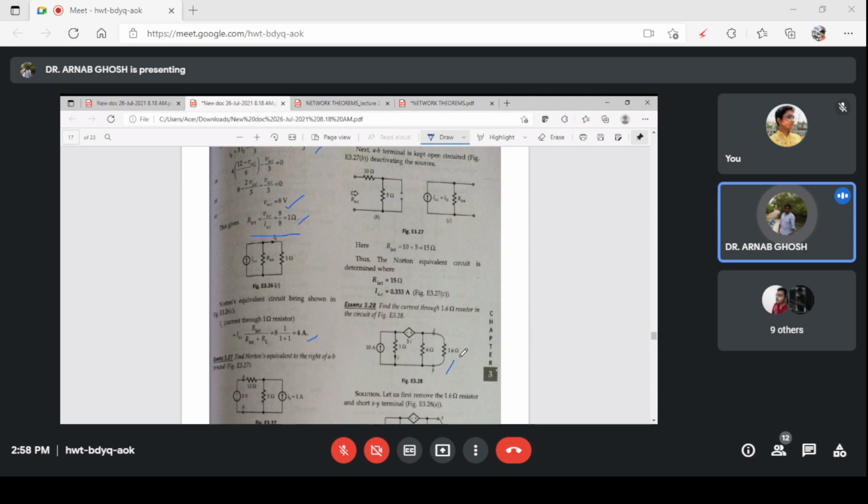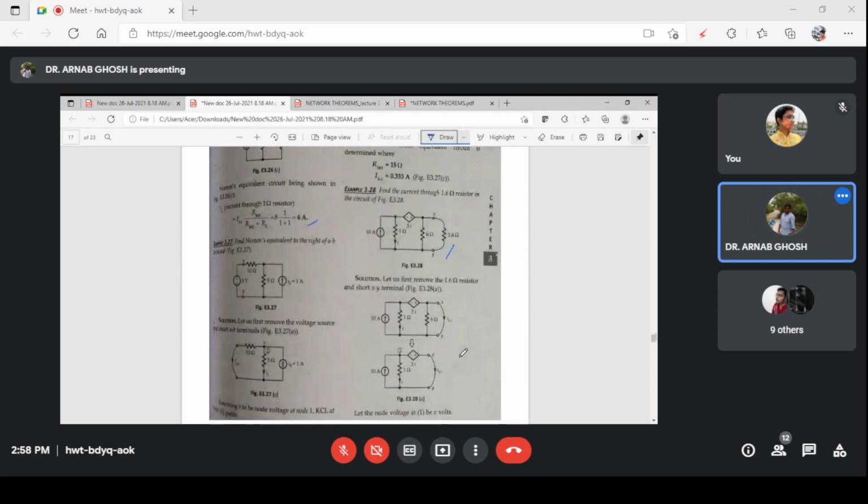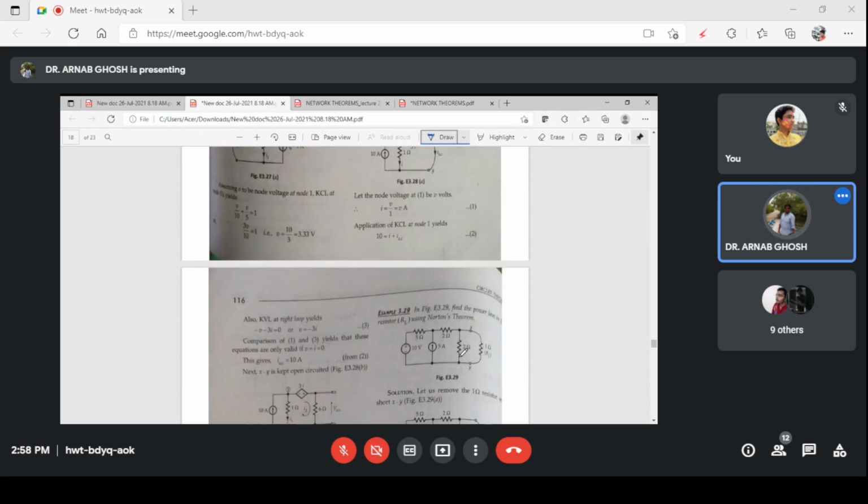Okay, so have you been able to calculate the short circuit current? ISC is 10. Okay, do the rest of the problem. Find out VOC then. Correct, 10 ampere.